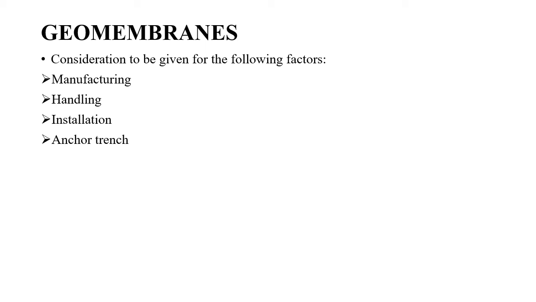Then what are the destructive and non-destructive quality control tests to be conducted for geomembranes at the site. Everything has to be detailed out and given to whoever is installing the geomembranes at the site, and that has to be done with proper care.